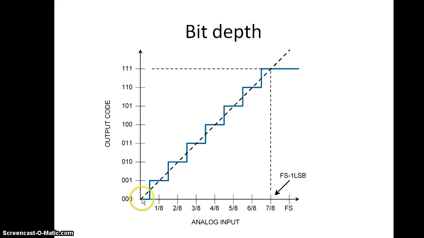On the other side, if we get 0 volts, we get 0 out of the converter. And in between, like 4/8, we would get the number 4 out. So it's a good photo that shows what is coming in and what we get out of the converter.